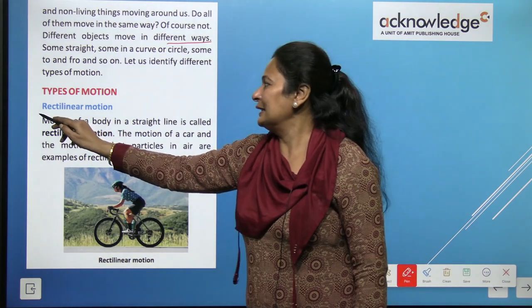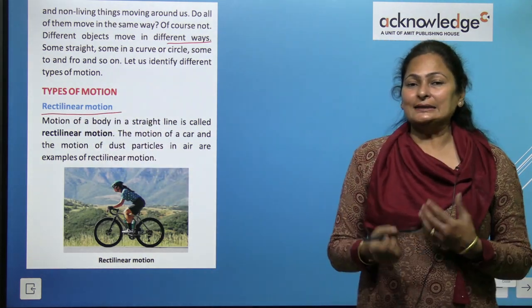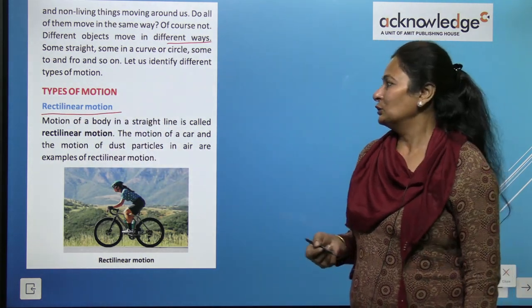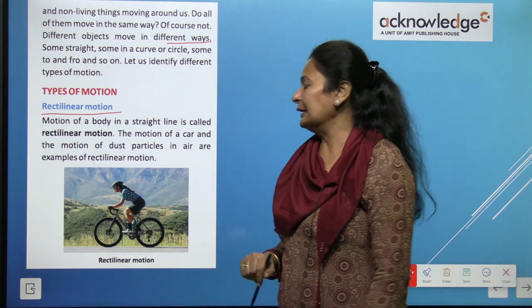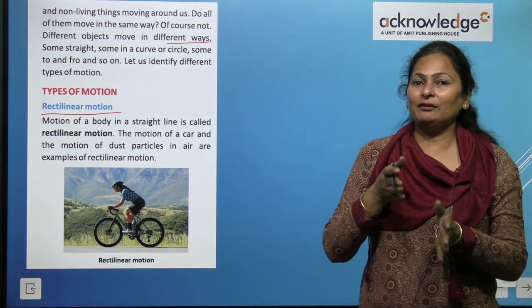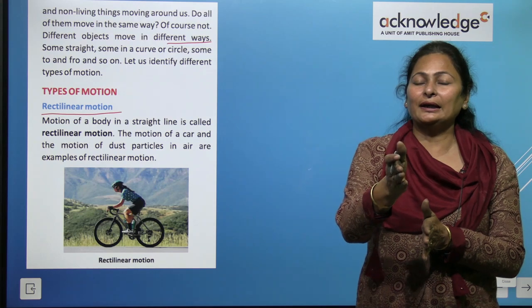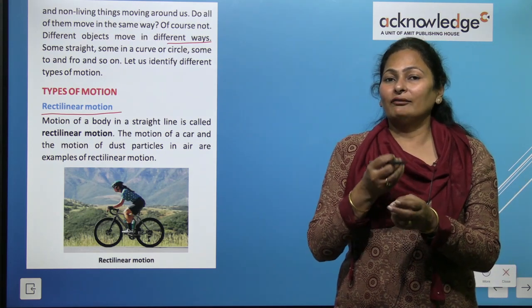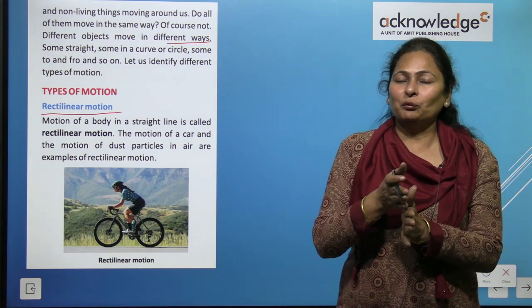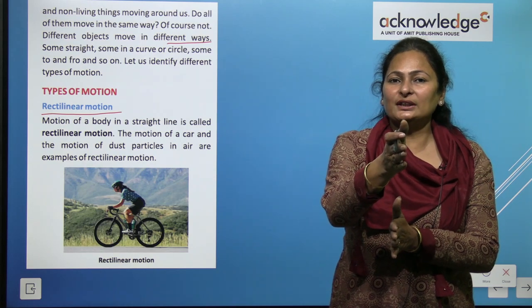First is rectilinear motion. Motion of a body in a straight line, right? Like soldiers moving in a straight line while they are in a parade. Have you seen it?